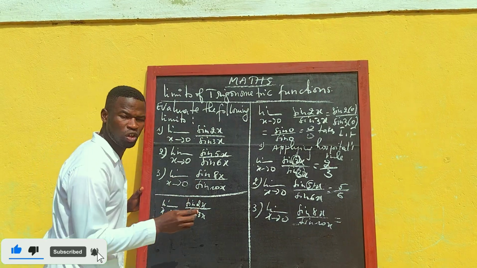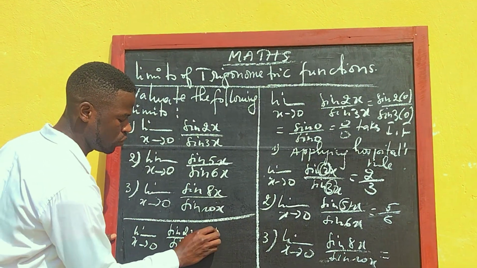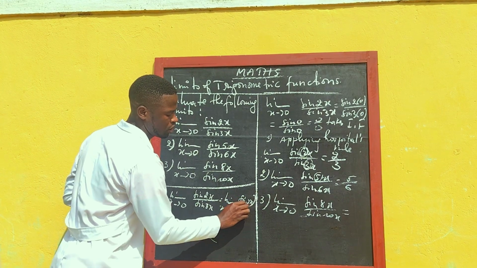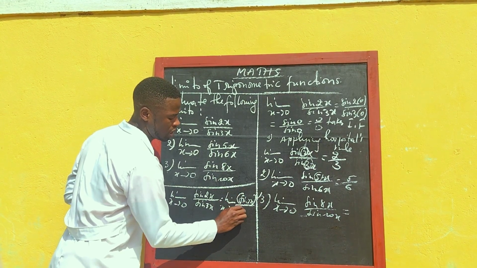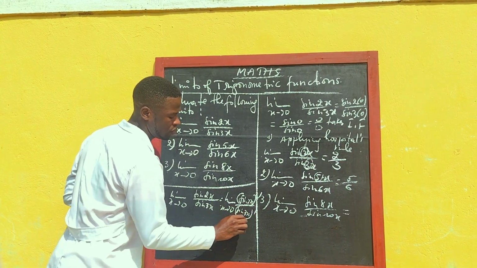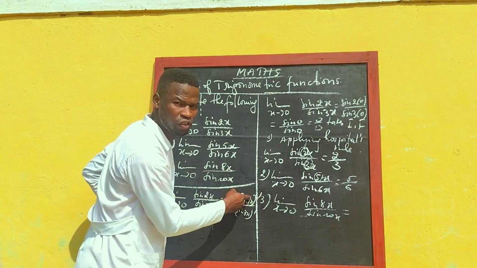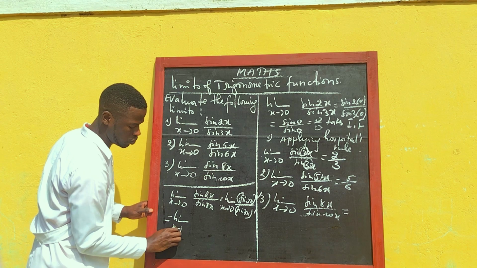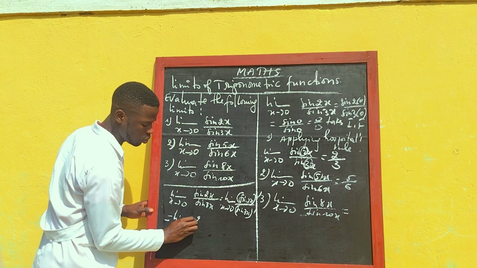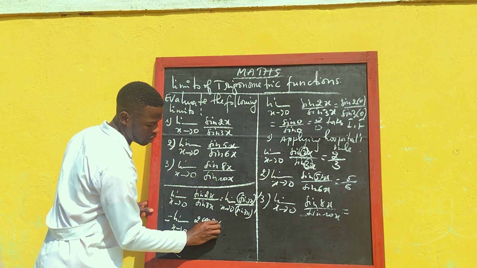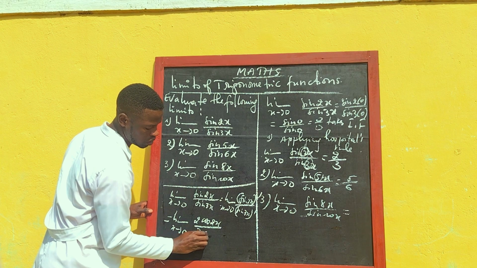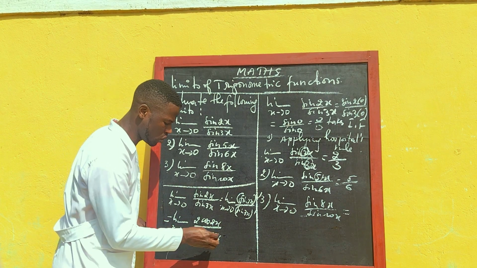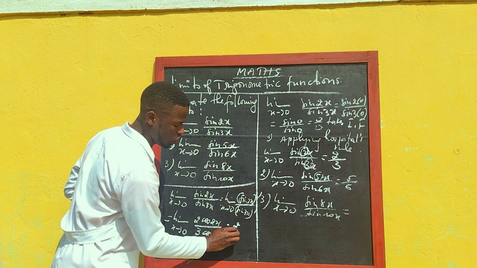By applying L'Hospital's rule, this equals the limit as x approaches 0 of the derivative of sin 2x over the derivative of sin 3x, which is 2 cosine 2x over 3 cosine 3x. Then by replacing x with 0, we get 2 over 3.